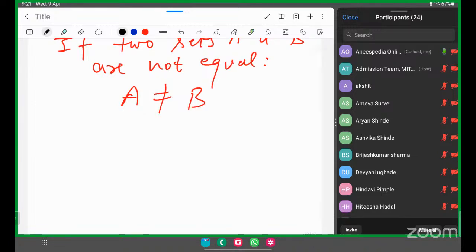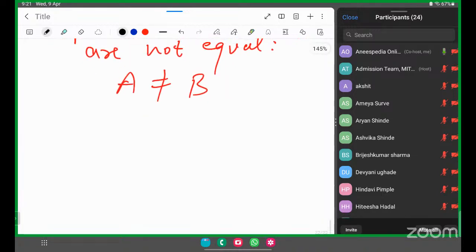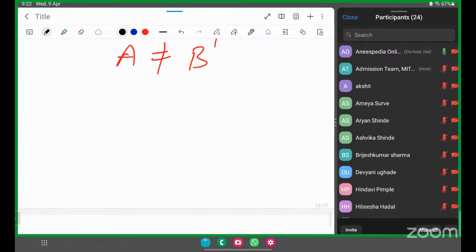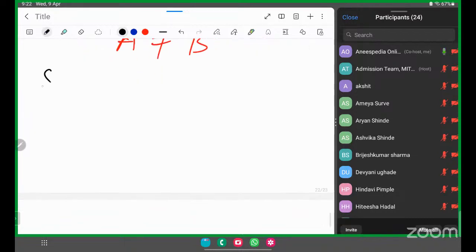Next concept in set theory, which is a very important concept, subset and superset. So what is the concept of subset?